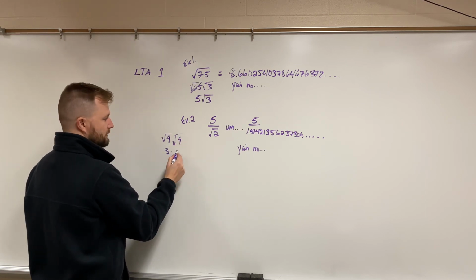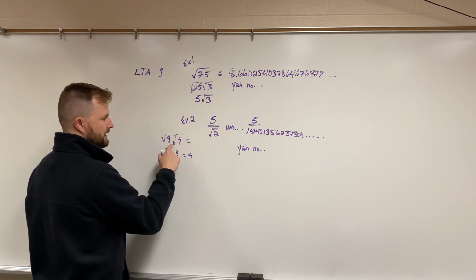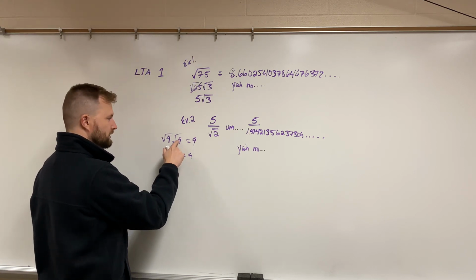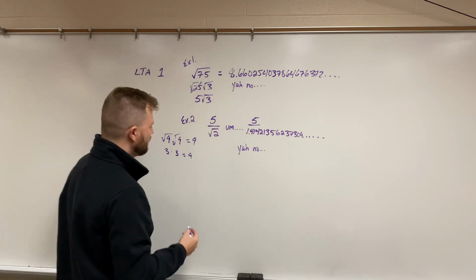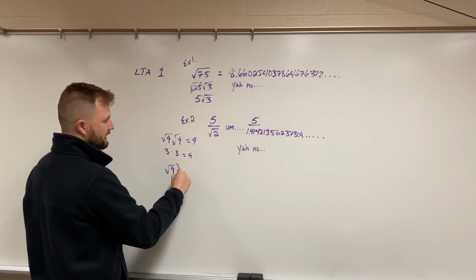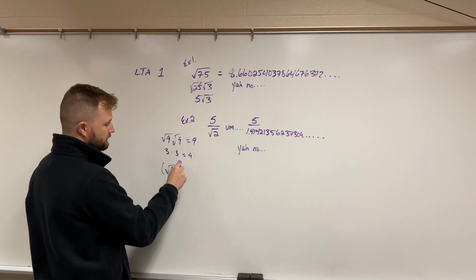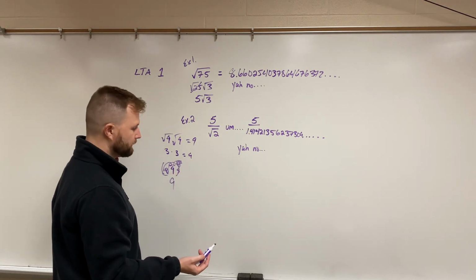So 3 times 3, oh, so 9. So then up here, root 9 times root 9 is just 9, right? Any square root times itself just gives you the number underneath. Or we could almost think of it as root 9 times root 9, or root 9 squared, and the square root and the square would cancel out and you'd have just the 9 left over, okay?